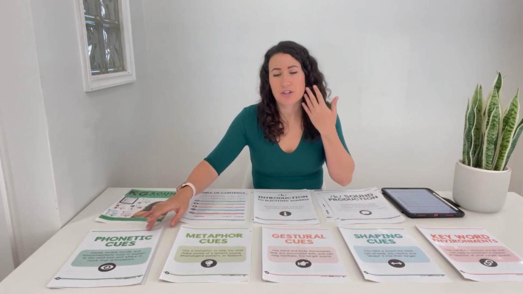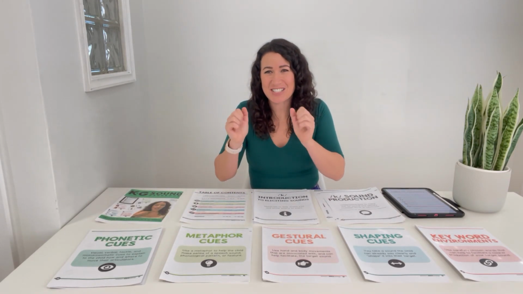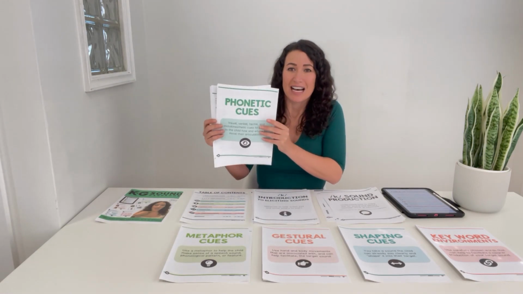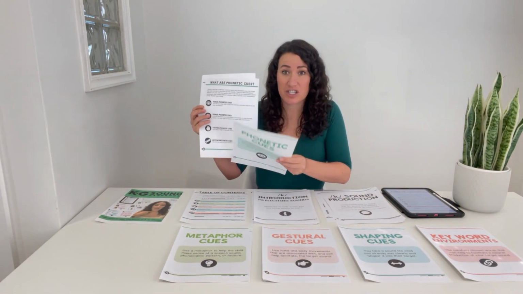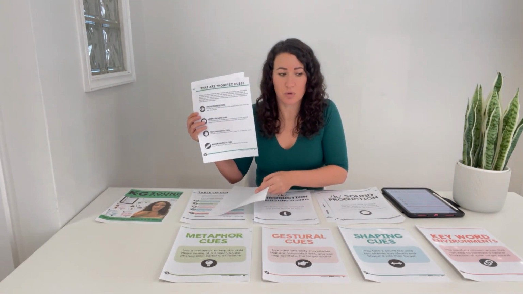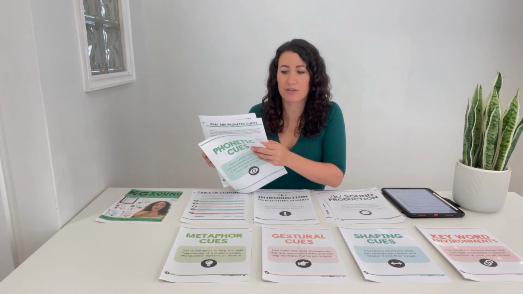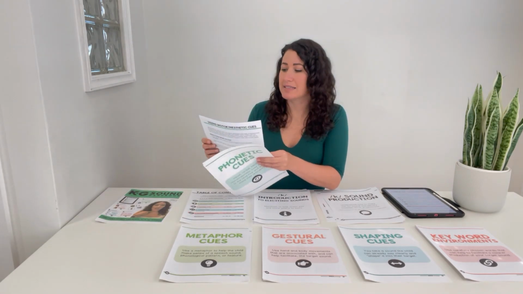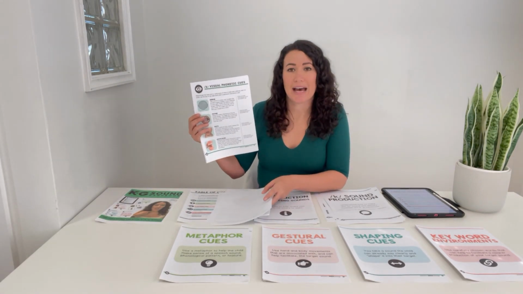So our phonetic cues, we actually have split this up into 4, I guess, because you have visual, verbal, tactile, and motor kinesthetic cues. And if you're thinking, I don't even know what those are, I want you to know that in all of our chapters here, we explain what all of these cues are so that you have a really good foundation and a really good basis. We even have things that you should know and how to use them.